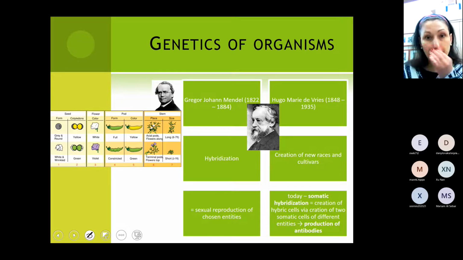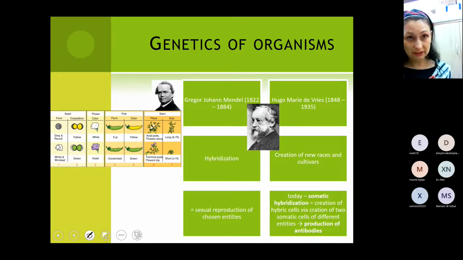Here you have Johann Gregor Mendel, who was the scientist working in Brno in Moravia in the Czech Republic, and also Hugo Maria de Vries. Both these men discovered pretty much about the genetics of organisms, but they focused on the features. They didn't know what is behind.